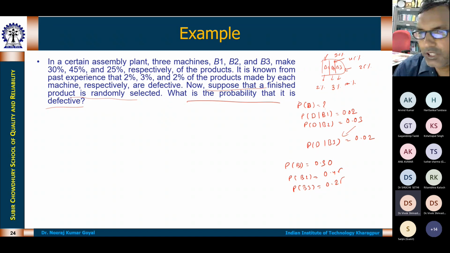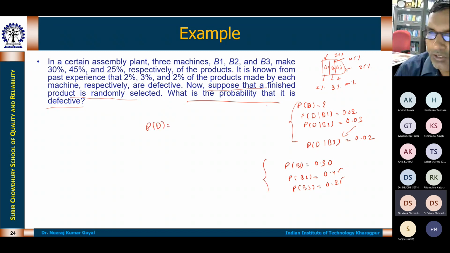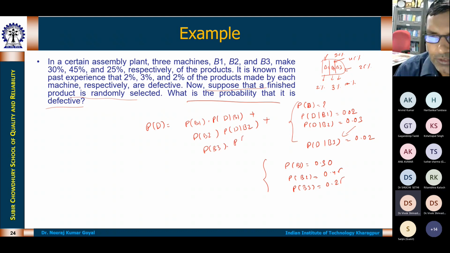So now I can use this data to calculate the probability of A, or defective. The probability of defective will be equal to the probability of B1 multiplied with the probability of defective given B1, plus the probability of B2 multiplied with the probability of defective given B2, plus the probability of B3 multiplied with the probability of defective given B3.